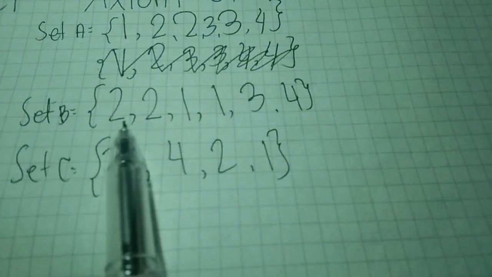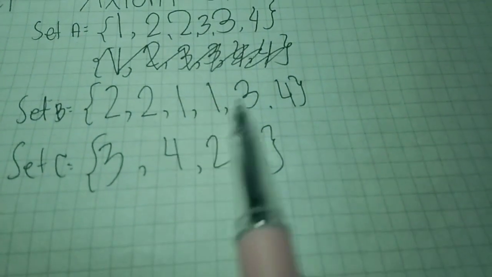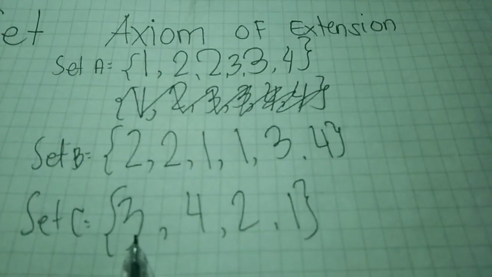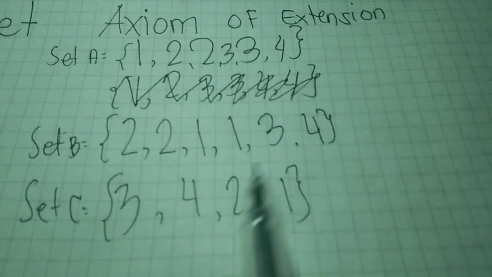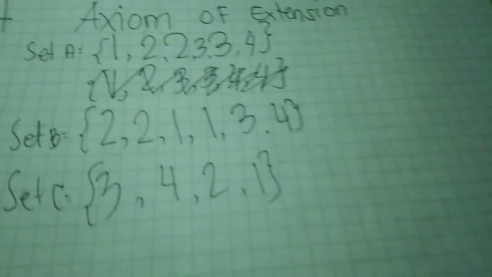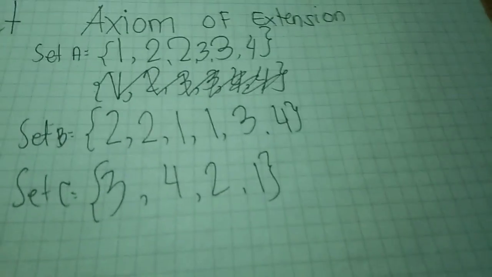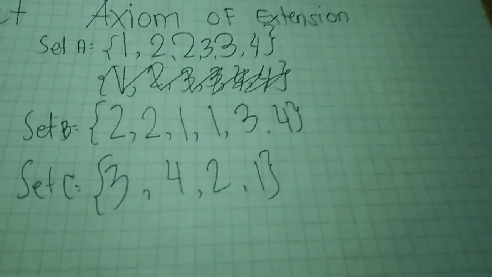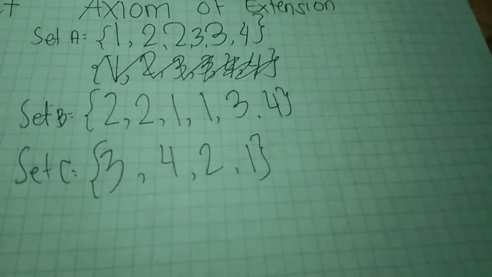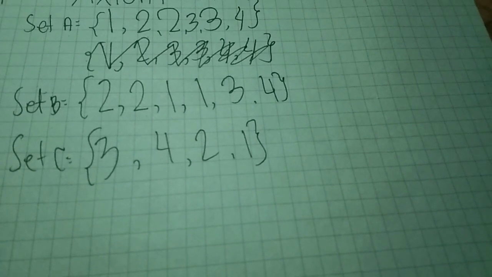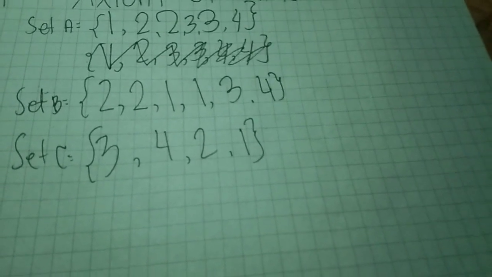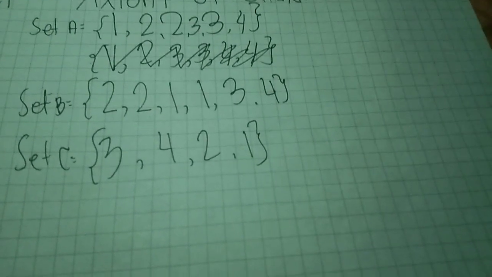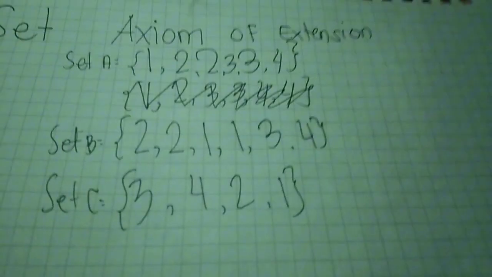Set B is 2, 2, 1, 1, 3, and 4. And set C is 3, 4, 2, and 1.